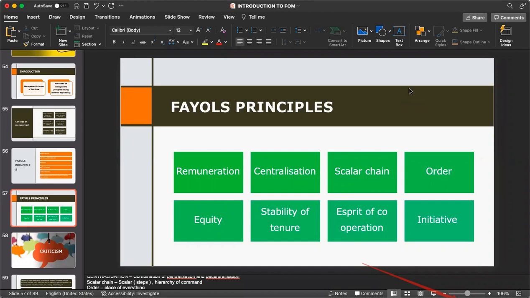For example, Gautam, you want to take a housing loan for your property. First of all, you will approach the assistant manager. He will talk to you first about your requirements. He will talk to the senior manager. The senior manager will talk to the branch manager. The branch manager talks to the senior manager, and then your loan will be sanctioned. That is called the scalar chain. Gautam, clear?